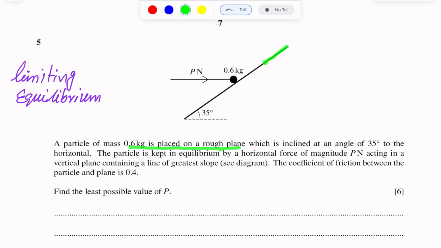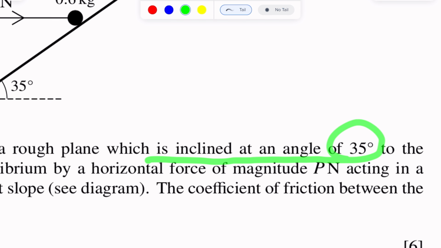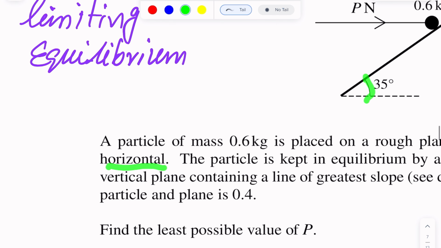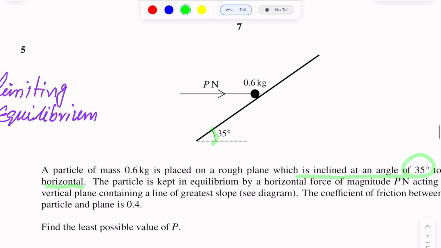This is a rough inclined plane which is inclined at an angle of 35 degrees to the horizontal.